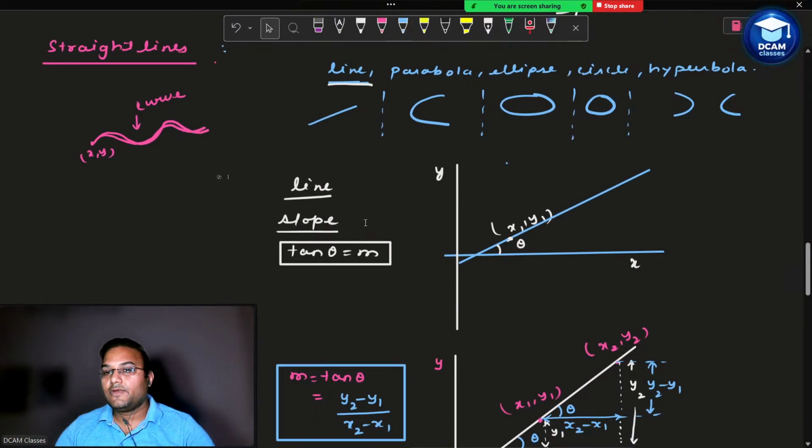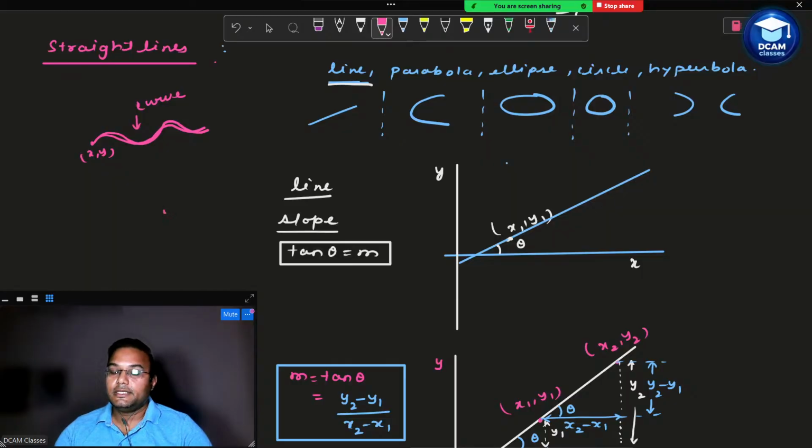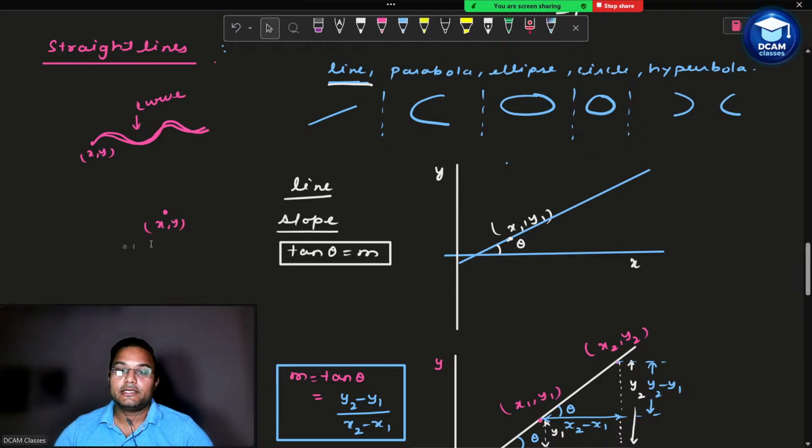Now, in the case of a line, the condition which defines how the point will move is the angle it makes with the x-axis. Understood? Yes, sir. See, we have a point x comma y. If I say, Venkatesh, try to move this point x, y in any direction, you will say, sir, I can move it in any direction in 360 degrees.